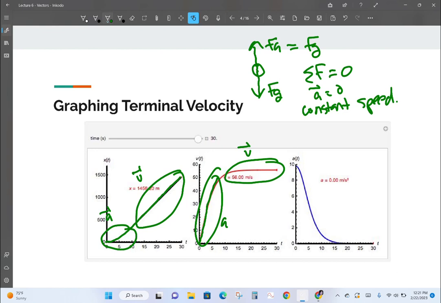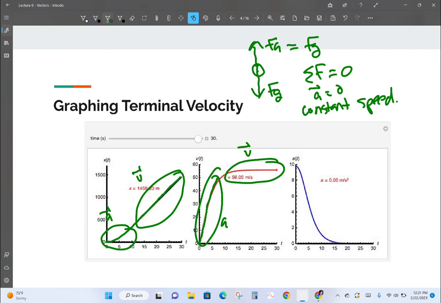And then you can see that the acceleration is at first very high. It's close to 9.8, and then it decreases over time because the net force is not equal to the weight anymore. It's a little less than that. And then it levels out and is zero acceleration. So that's it for terminal velocity.